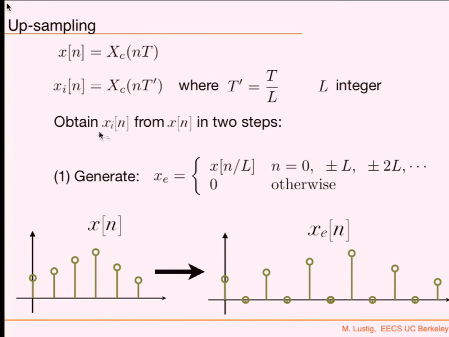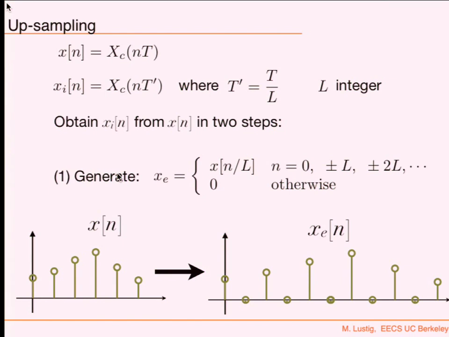So we want to obtain x sub I, the interpolated signal, from x of n, as long as it was Nyquist sampled, in two steps. First we generate x sub e, which looks like x sub s, but it's discrete.